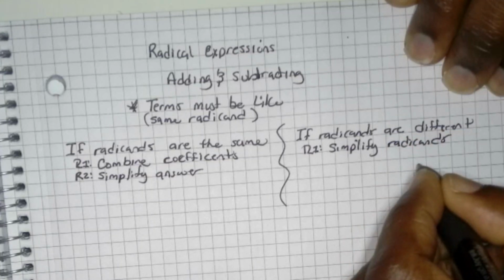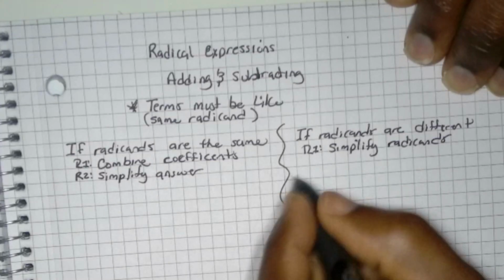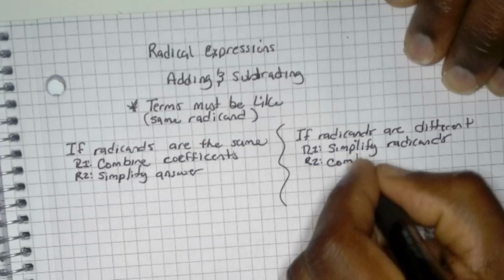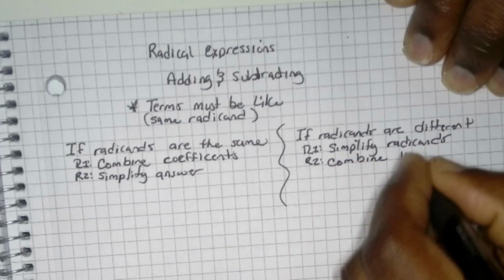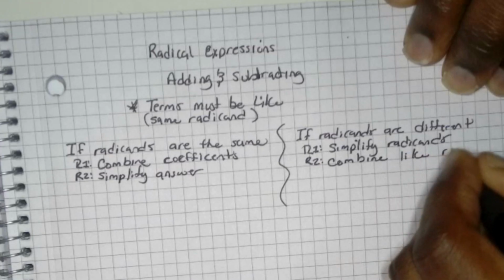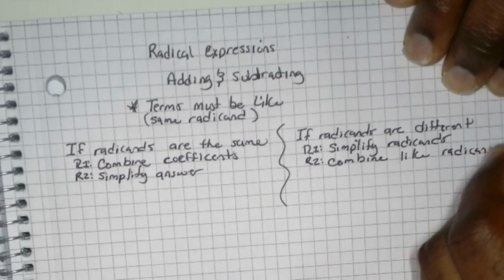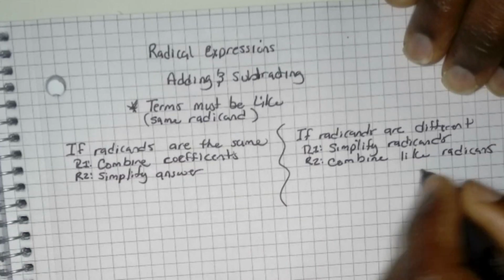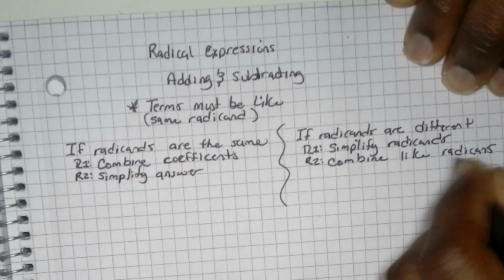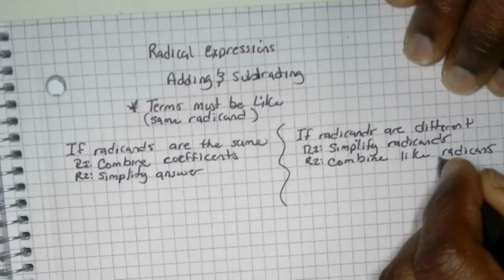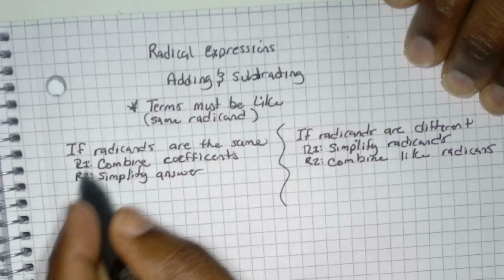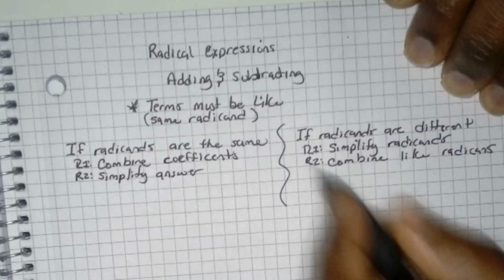Make them smaller. And then combine like radicands. Combine only like terms. Alright? You do this by combining the coefficients. Because once the radicands are the same, we're over here. Alright? We're back to here. So you combine the like terms.